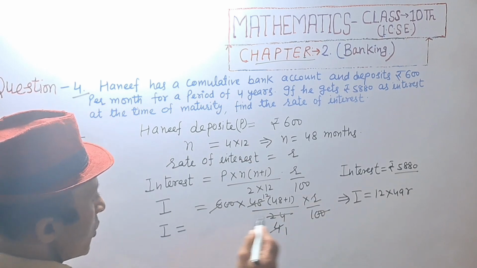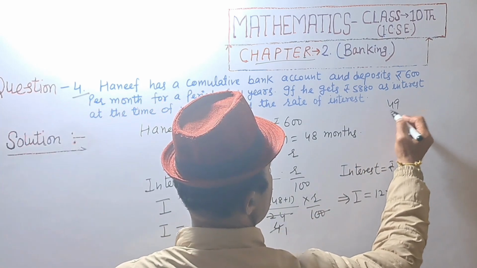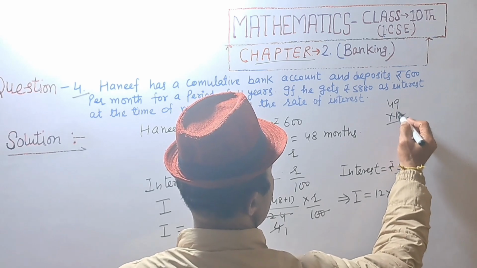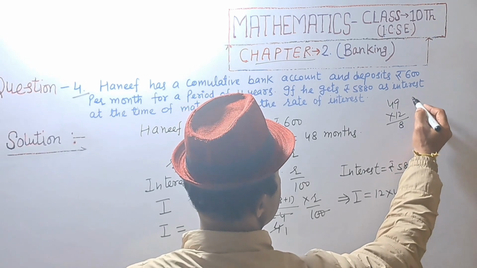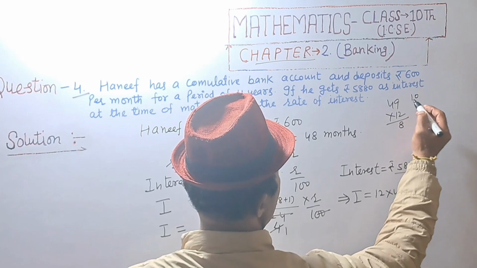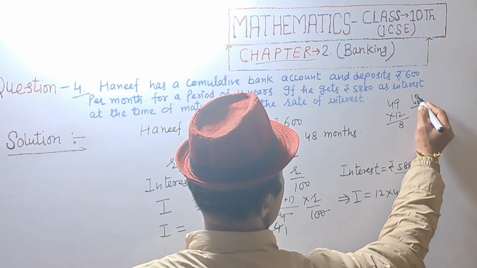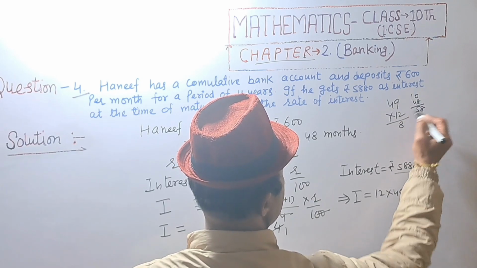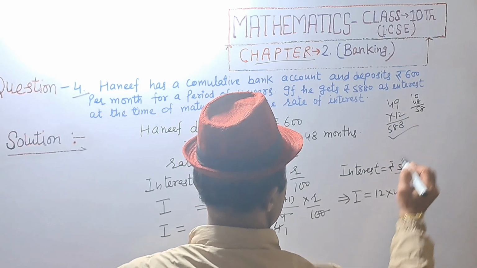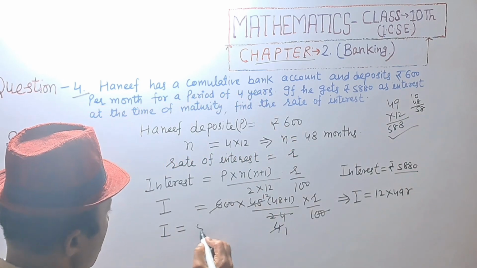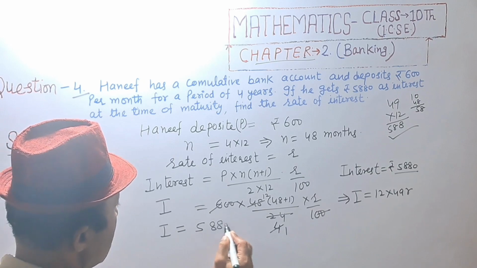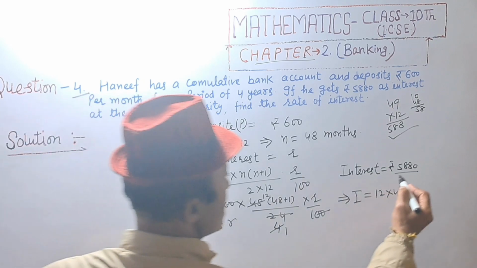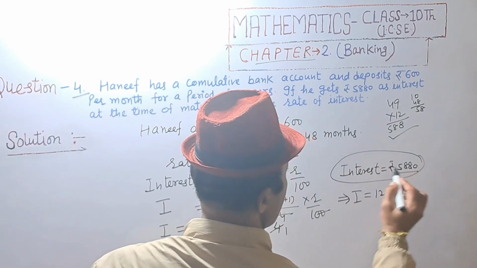Interest is equal to 49 multiplied by 12, that is 12 9s are 108, 10 carry, 12 4s are 48, 48 plus 10 58, that is equal to 588R.